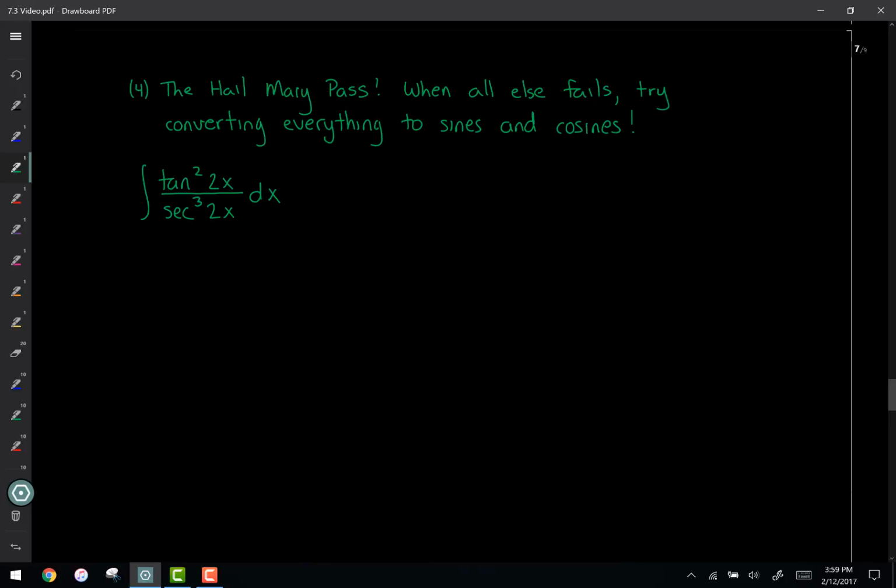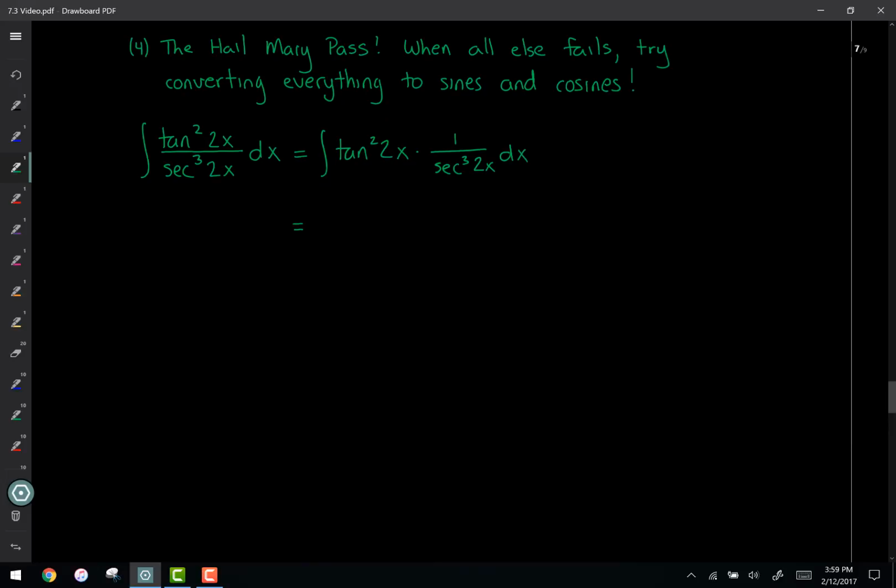So this guy here, we have the integral of tangent squared 2x over secant cubed 2x. And let's just say I don't remember or I can't think of what to do. Let's just start rewriting stuff. So this is the integral of tangent squared 2x times 1 over secant cubed 2x dx. Okay. What is tangent? Well, tangent is the ratio of sine over cosine.